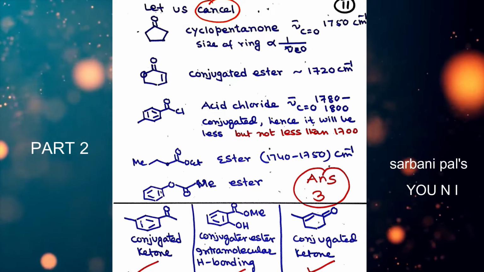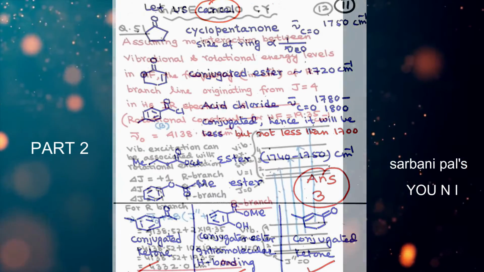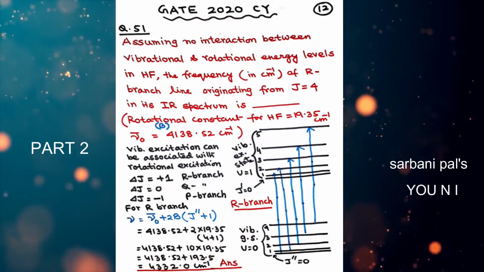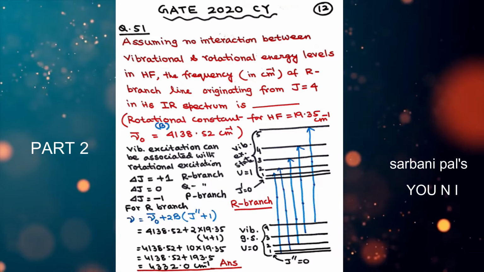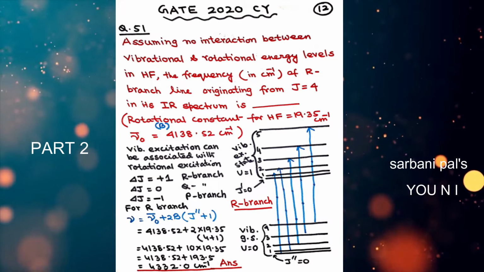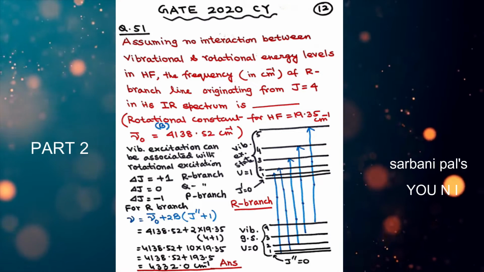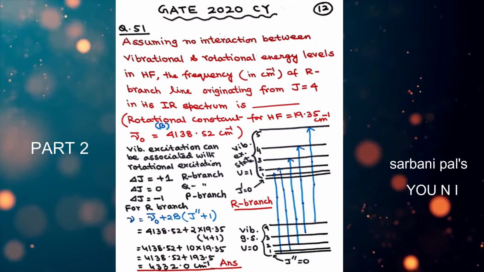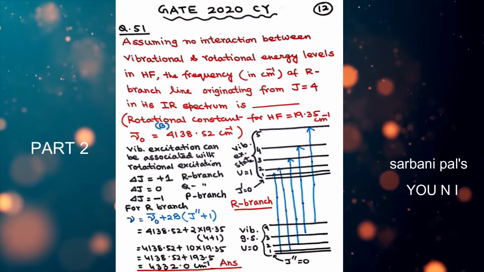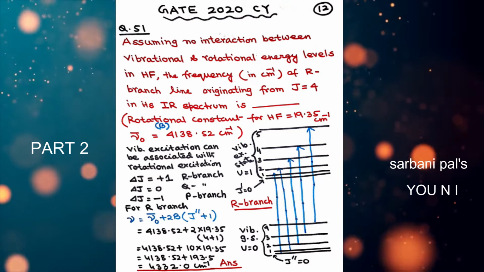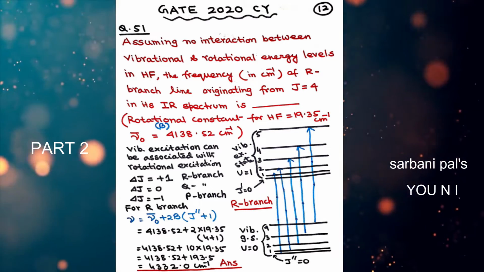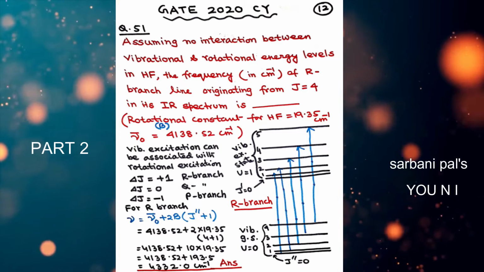Now let us discuss the question number 51 of GATE 2020 chemistry. The numerical is like this: assuming no interaction between vibrational and rotational energy levels in HF, the frequency in centimeter inverse of R branch line originating from J is equal to 4 in its IR spectrum is.